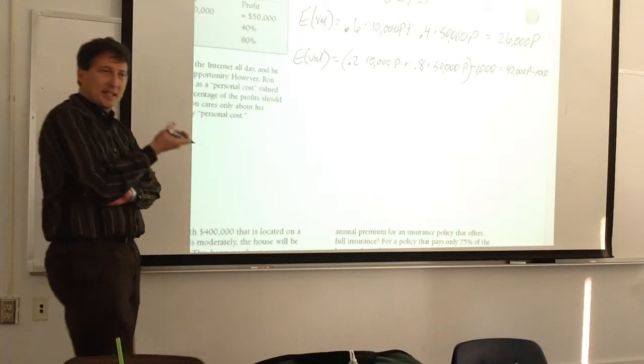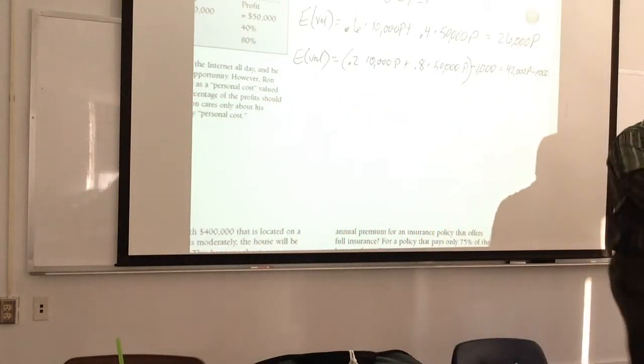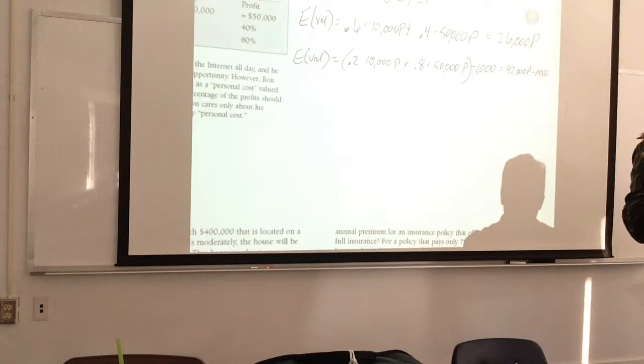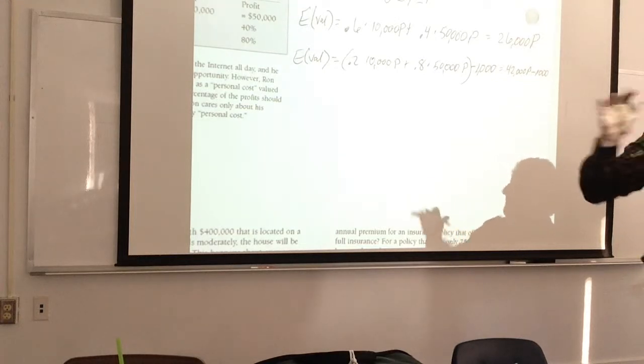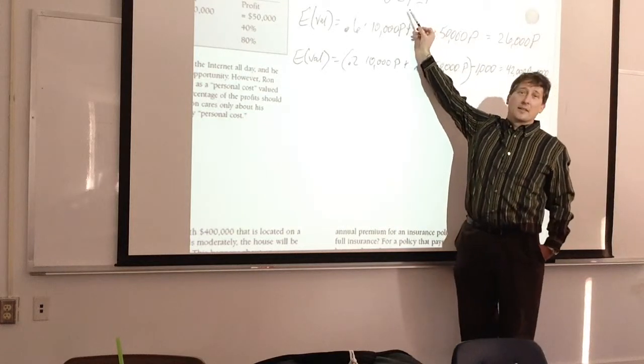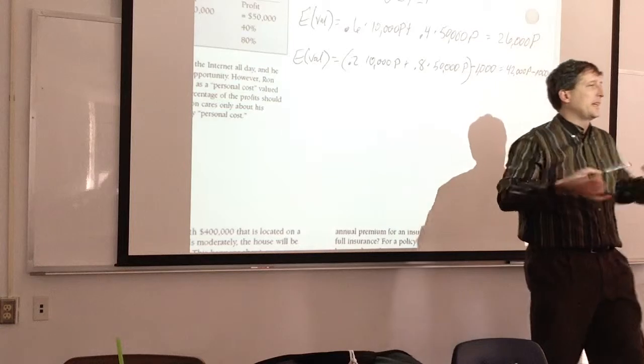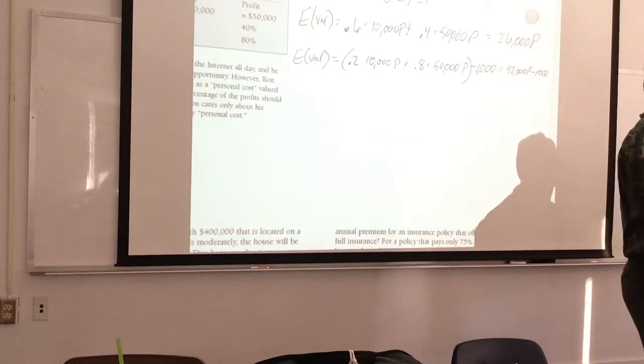How would you characterize that in kind of economic terms of the two states of the world? It's the percentage that Ron's going to get off of the profit. So it's a fraction of the profit, but we're solving for P. You know, what's going on with this problem?